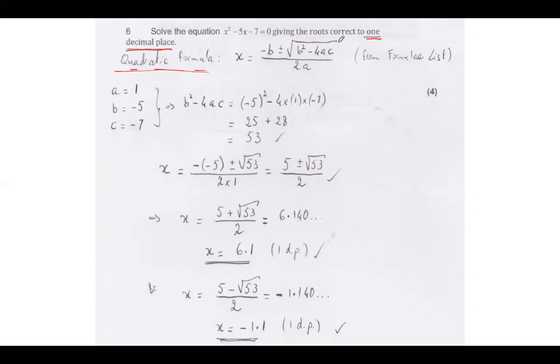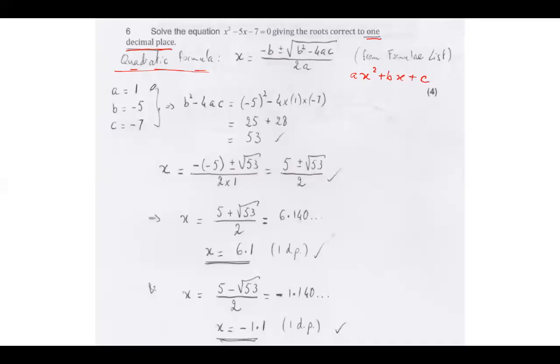Whenever you're asked to find the roots correct to a certain number of decimal places, you have to use that formula. There is no other way to find it. So what did we say? We need to identify what a is. So this is like if you had ax squared plus bx plus c.